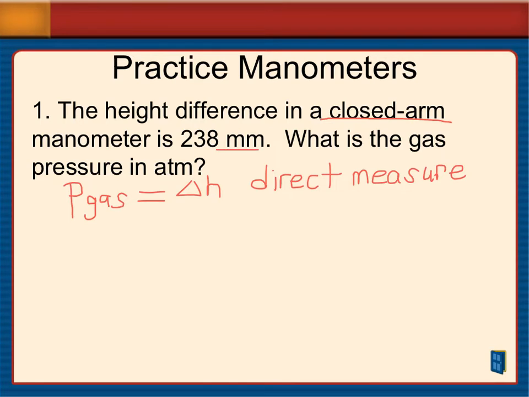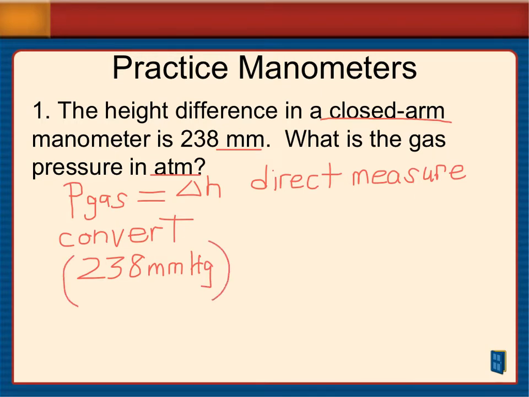The delta H is given as 238 millimeters of mercury, and the pressure for the answer needs to be in atmospheres. So we will convert 238 millimeters of mercury into atmospheres by using the conversion factor of 760 millimeters of mercury per 1.00 atmospheres.